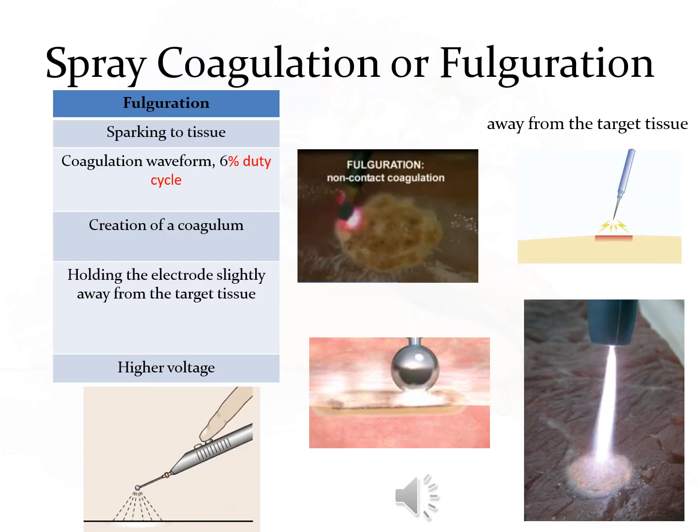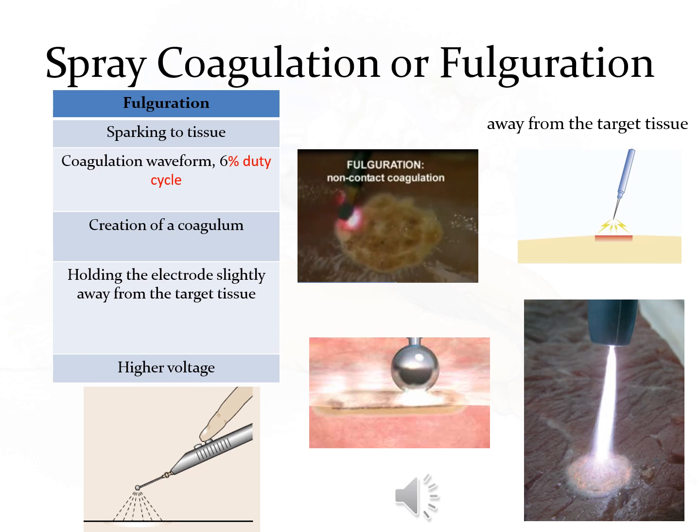Electrosurgical fulguration coagulates and chars the tissue over a wide area. Since duty cycle is about 6%, less heat is produced. The result is the creation of a coagulum rather than cellular vaporization. In order to overcome the high impedance of air, the coagulation waveform has significantly higher voltage than cutting current.